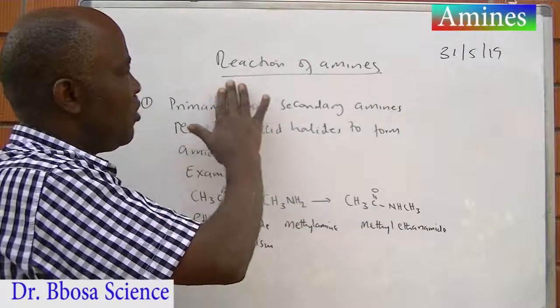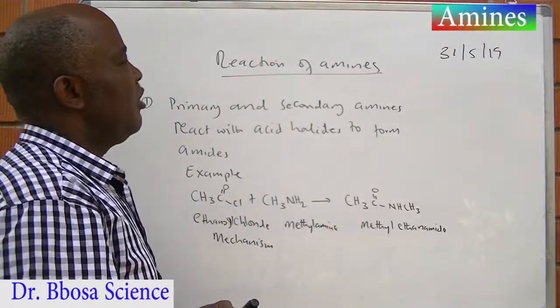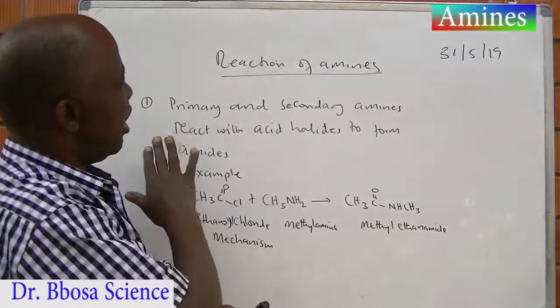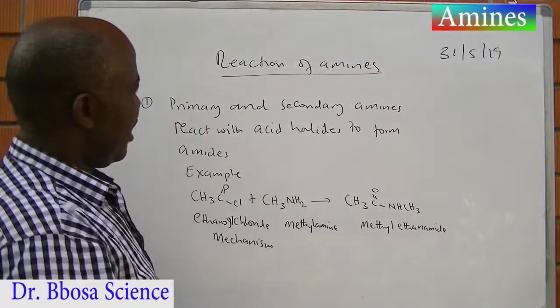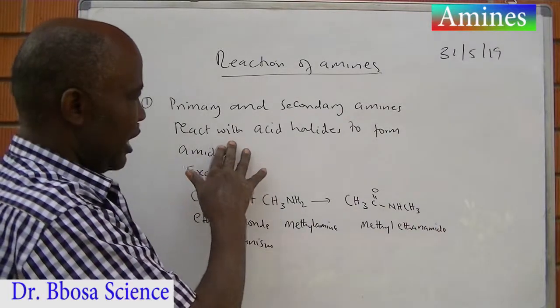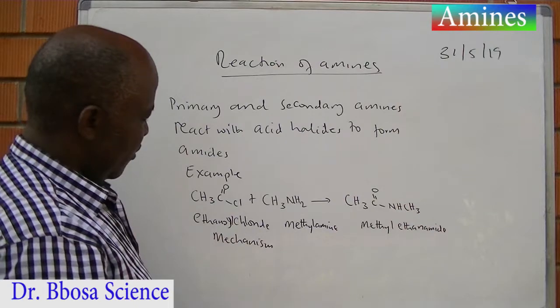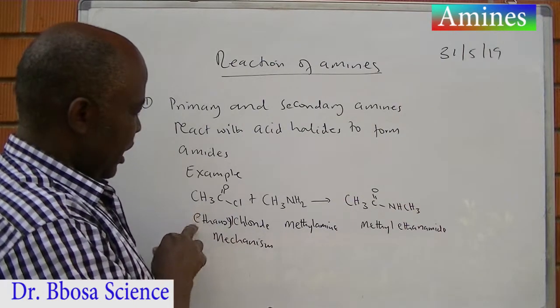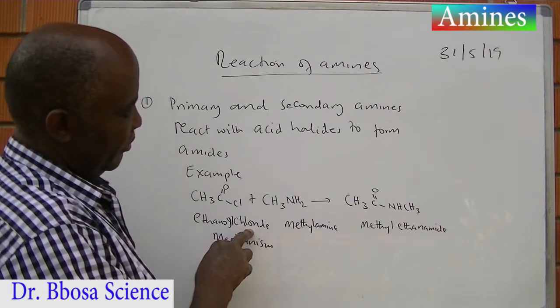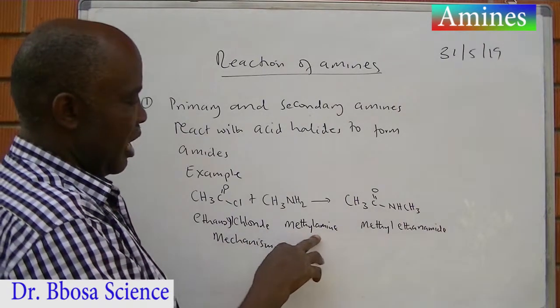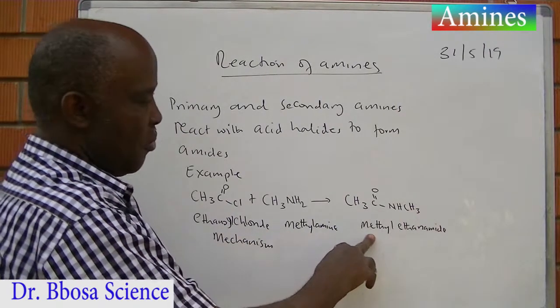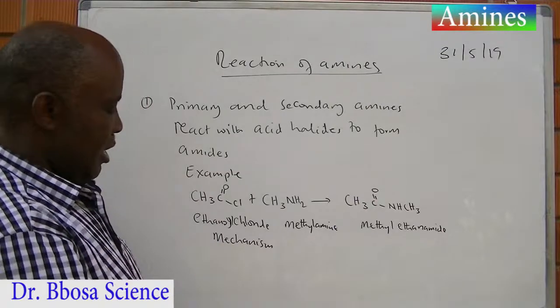2019, we are going to consider reactions of amines. 1. Primary and secondary amines react with acid halides to form amides. For example, ethanoyl chloride plus methylamine will give you methylethanamide.